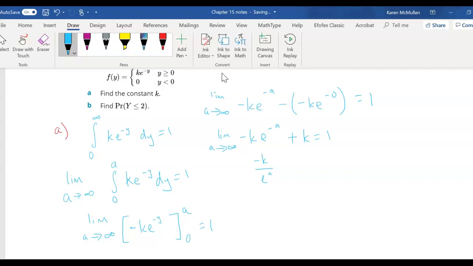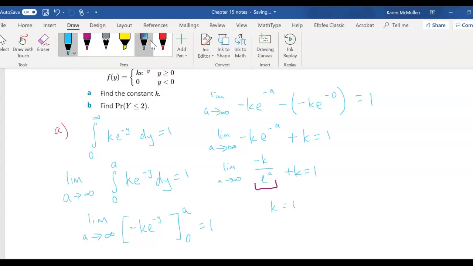And any number over an extremely large number is going to be very insignificant. So we're going to have plus k equals 1. So effectively, this part here is really small, so we don't need to count that. So we just say k is equal to 1.